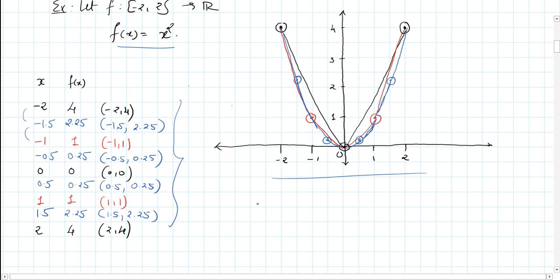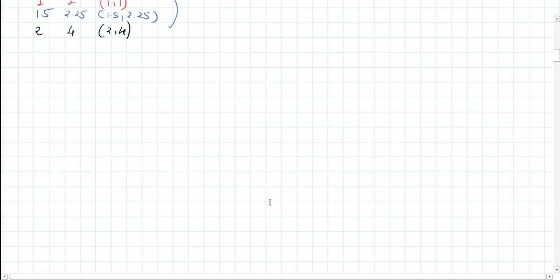I am giving you an exercise: f from 0 to 2 pi to R, f(x) equals sine evaluated at x.